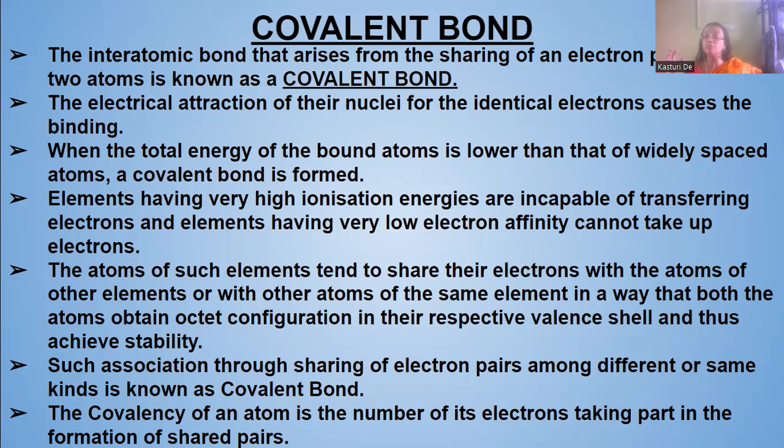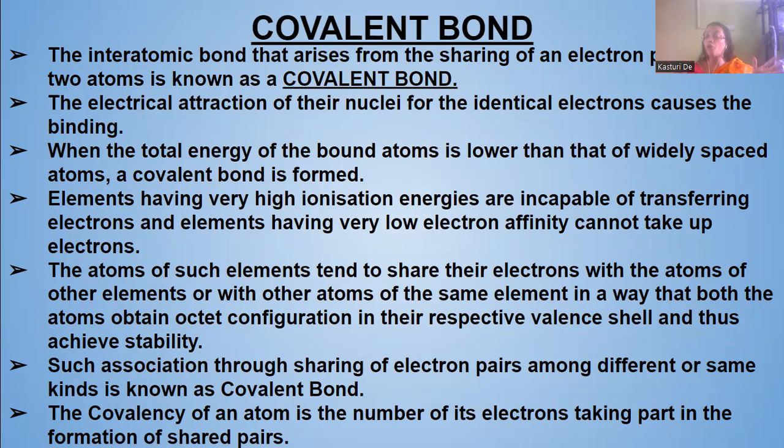So for the atom to be stable, they will have to share electrons to form the octet or duplet.